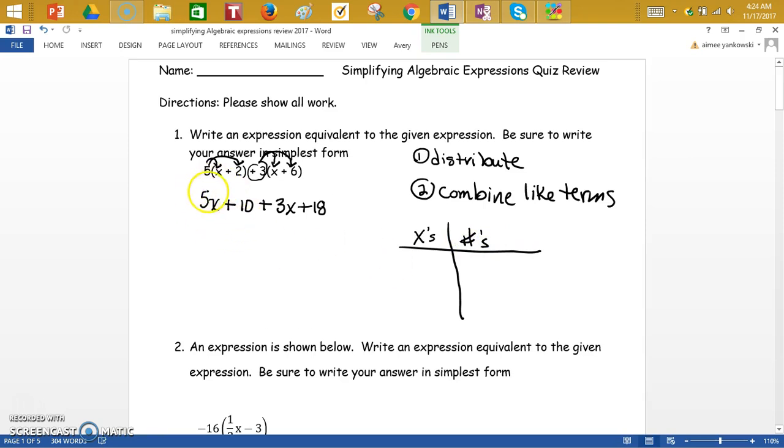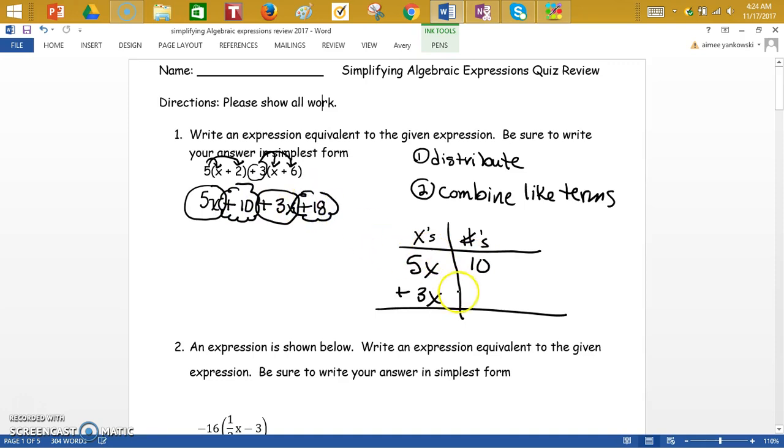So for my x's, I take a look and I say, okay, I have a 5x and I have a positive 3x. So in my chart, I would do 5x, positive 3x. And then for my numbers, my constants, I have a 10 and I have a positive 18.